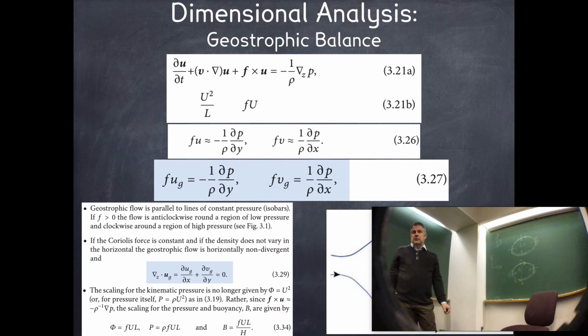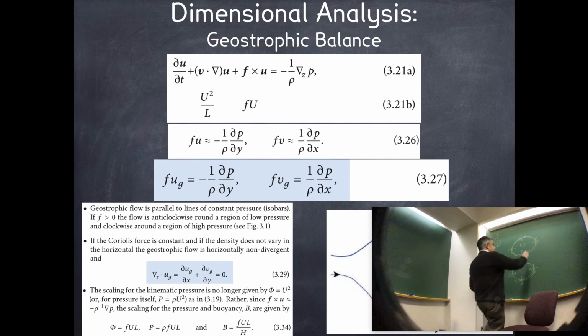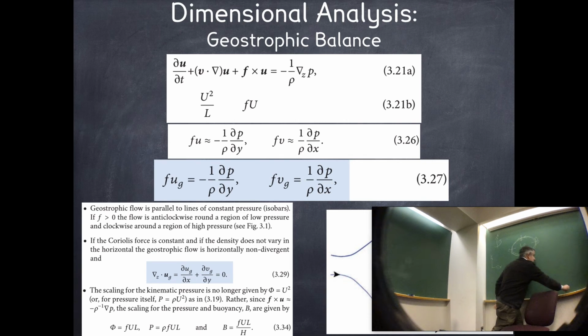Coriolis and pressure gradient. So f cross u balances minus 1 over rho nabla p. Okay, so we just said nabla p, I need a third color chart, blue. Okay, force balance. Nabla p is pointing in to this, or minus nabla p pointing out here.